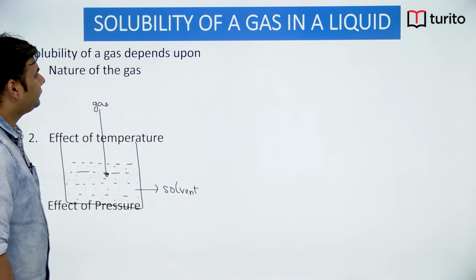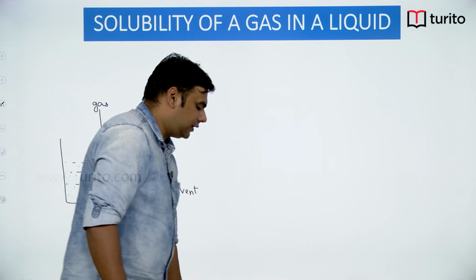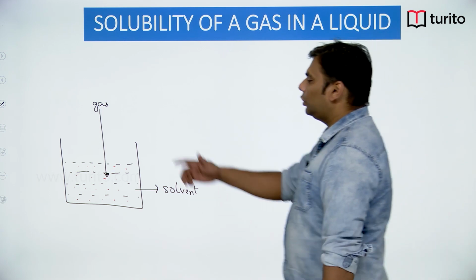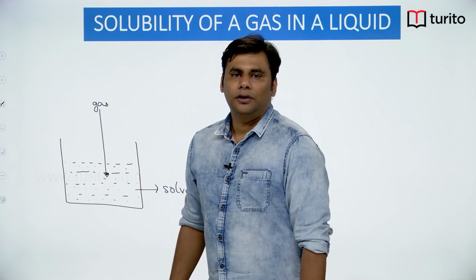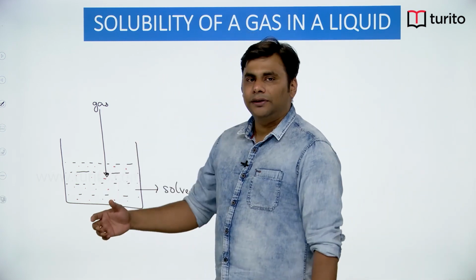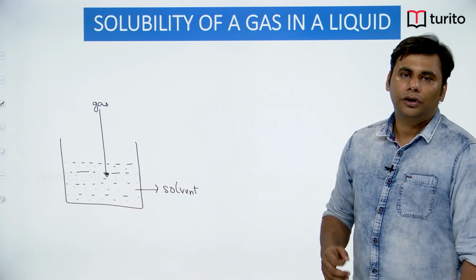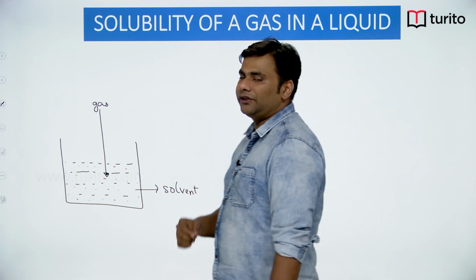Okay, so now let me just ask you 2 or 3 very basic things. We want to dissolve this gas in the solvent. So what factors will control the solubility of this gas in the solvent? The first is the pressure.